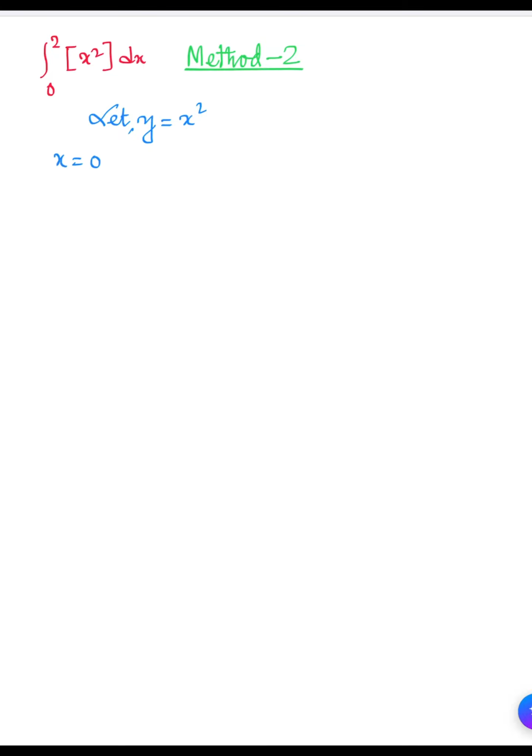When x equals 0, y equals 0. When x equals 2, y equals 4. Now we make a table here.